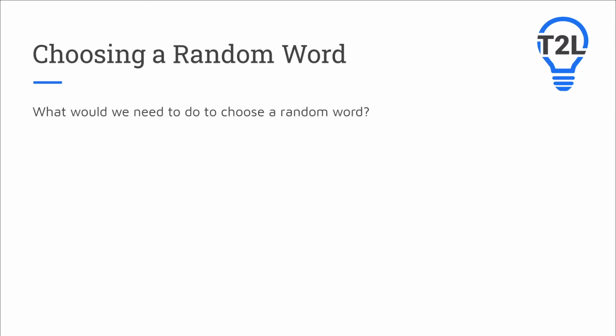Yeah, so we got the list of random words, but how will we tell the computer, hey, just pick a random one of these? Yeah, exactly. So you get an array of words and then code to randomly choose.